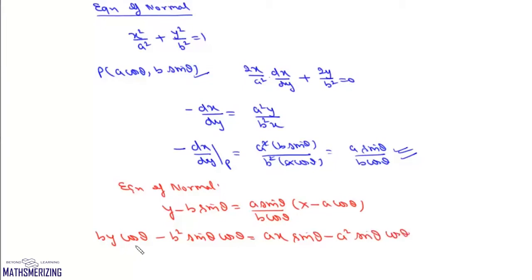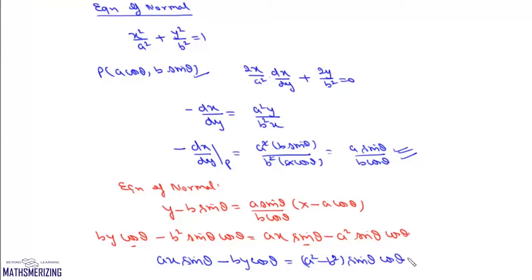Now what we'll do is we'll take x and y together, and then we'll take a square and b square together. So we can write this equation as ax sin theta minus by cos theta, and it will be equal to a square minus b square sin theta into cos theta.